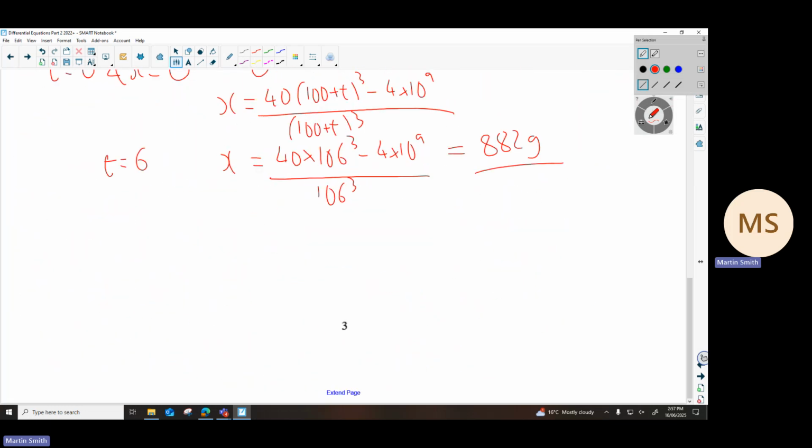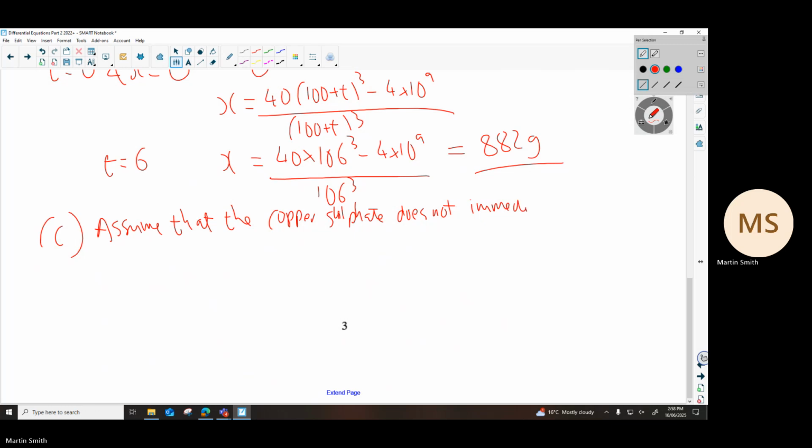Now, it would make the differential equation much harder, but I'm just going to say something along the lines of this: that I will assume that the copper sulfate does not immediately disperse on entry.